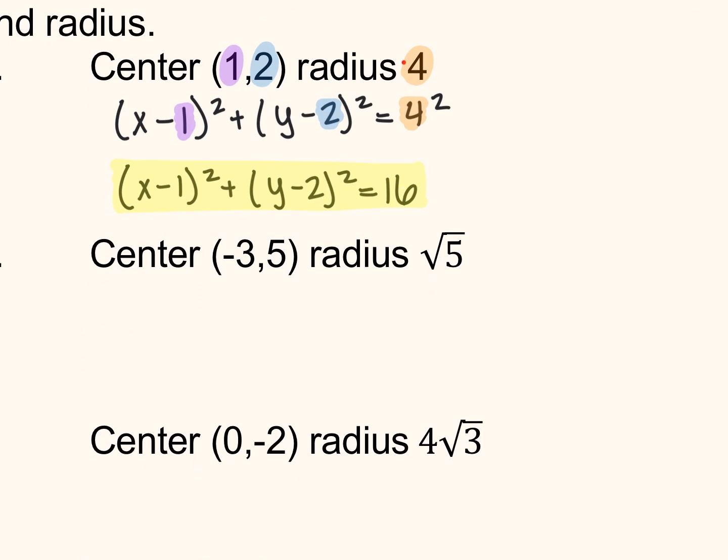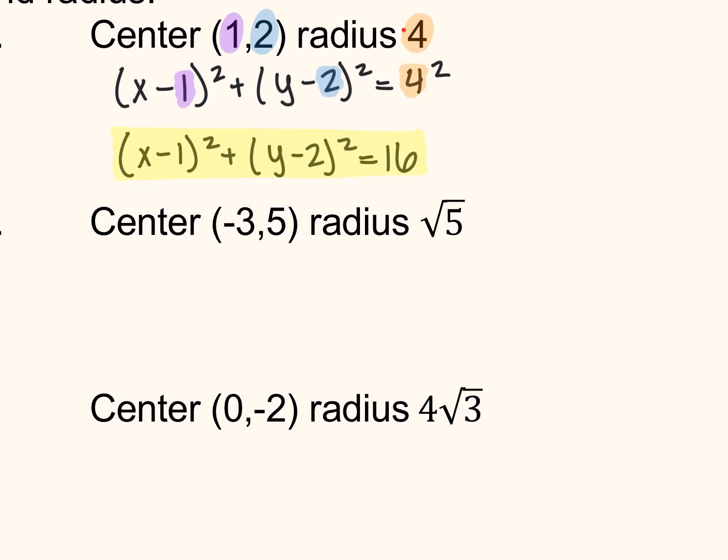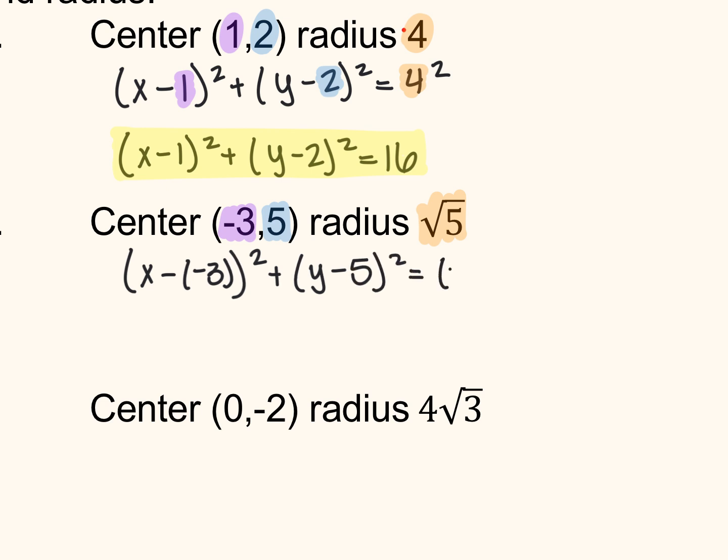All right, solving the next one, looking at B, same thing. I'm going to have my h, my k, and my radius. I'm just plugging it in. I'm going to have x minus negative 3 squared plus y minus 5 squared equals the square root of 5 squared. Pay attention to my signs here.